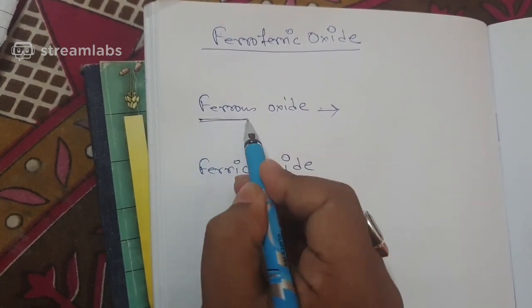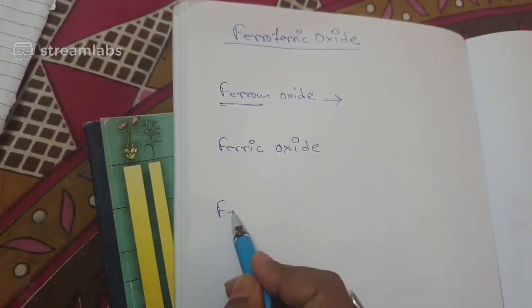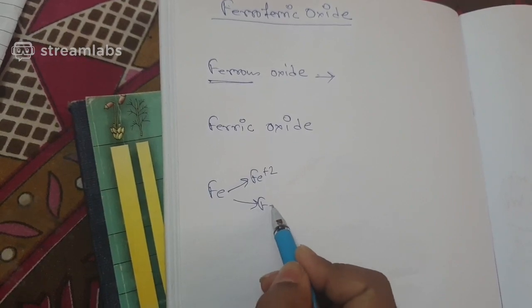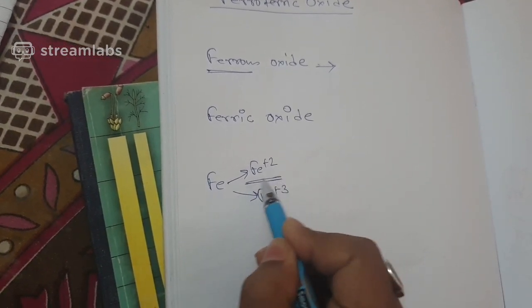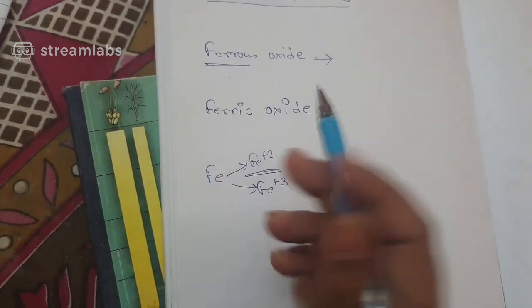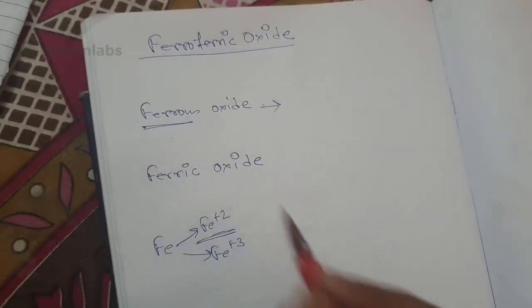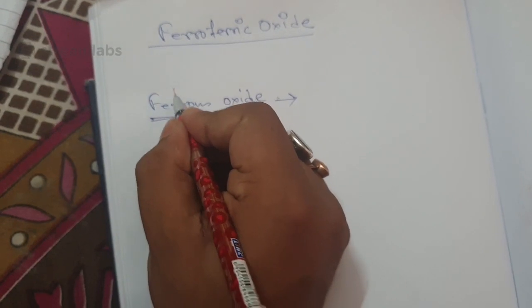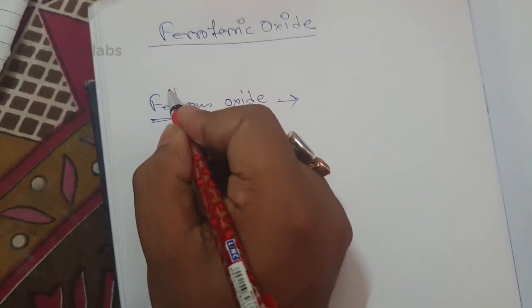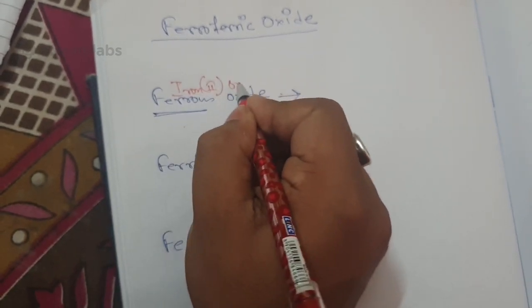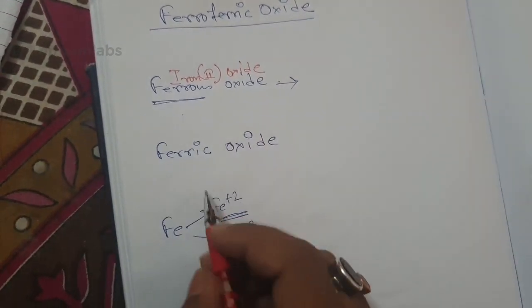I am using the iron which has two valencies, Fe plus 2 and Fe plus 3. So if you are using Fe plus 2, it is known as ferrous, or iron 2, not iron 1. Iron 2 oxide, because the 2 valency is used.